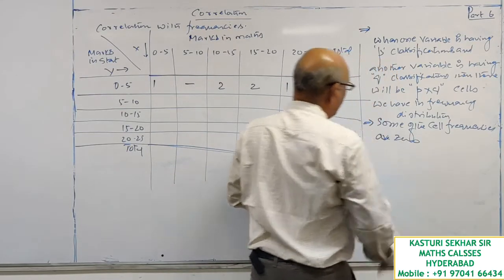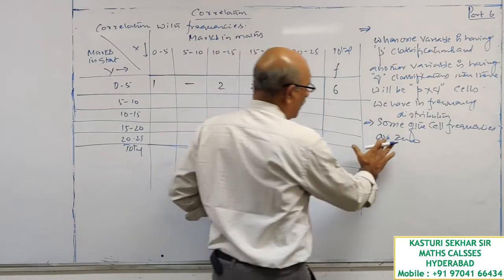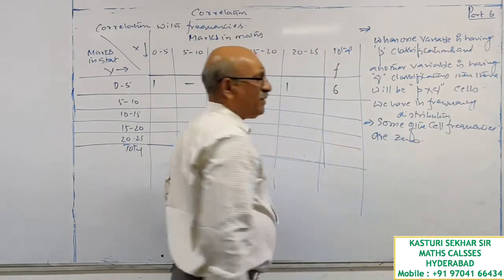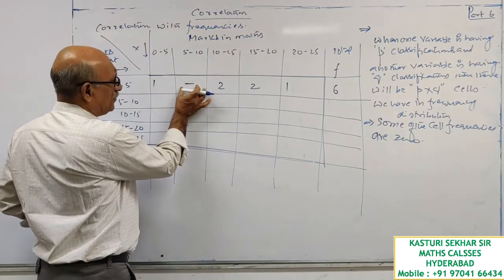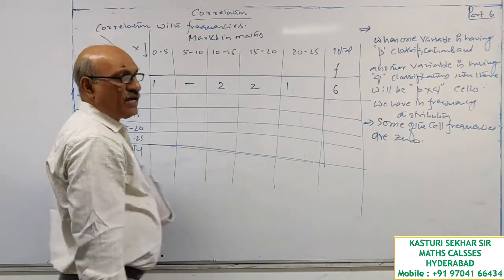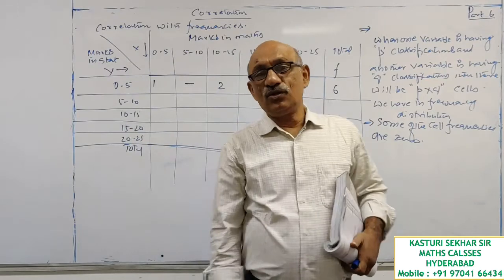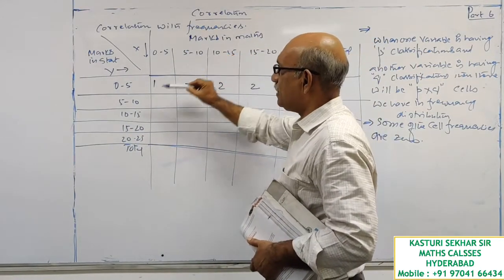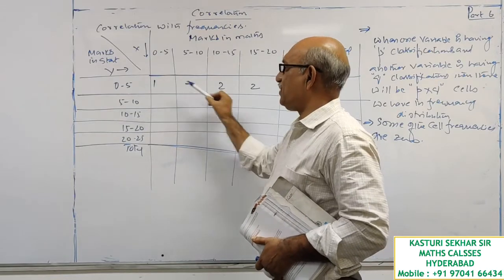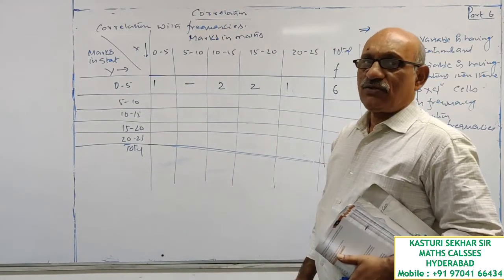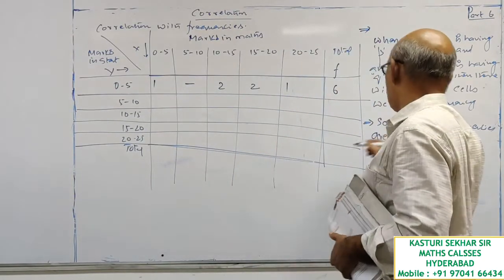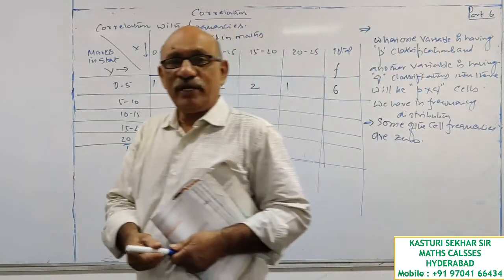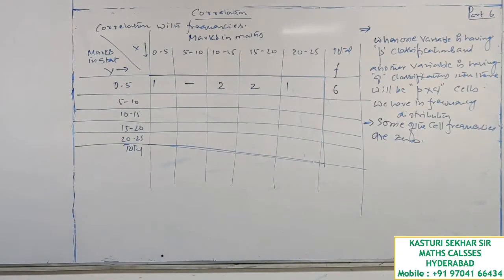What does it mean actually, sir? Look at this here. There is no student in the class whose marks in mathematics are 5 to 10 and whose score in statistics is 0 to 5. There is no student at all. So the cell frequency is 0. This is the second point which you have to remember.